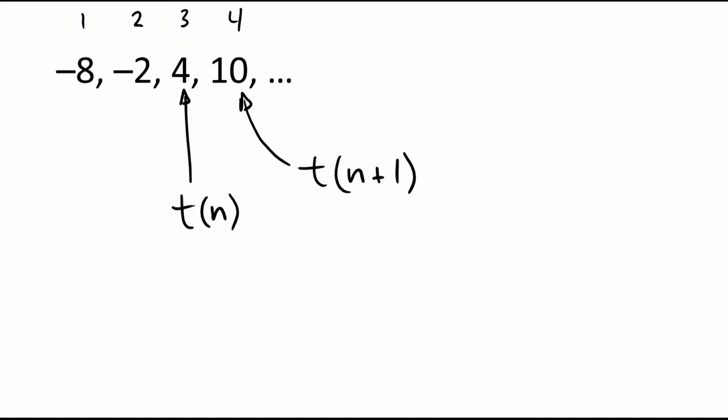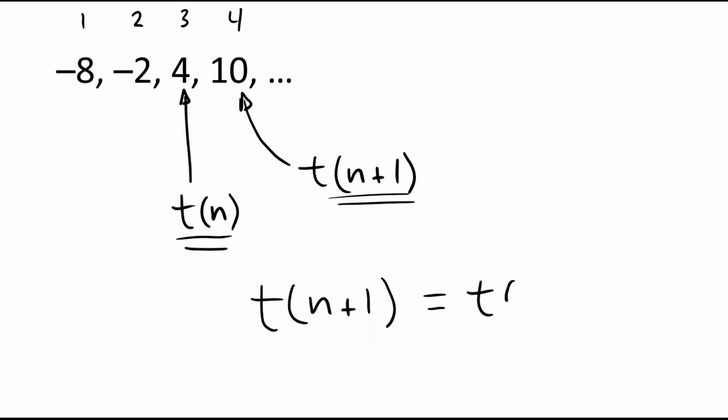So when I look at these, this is any term in the sequence. This is then the term that comes after that term in the sequence. I can write a bridge from the next term in the sequence using the term that I was at. So here's the bridge. I can say that the next term anywhere in this sequence will equal the term that I am currently at plus, in this case, 6 more.